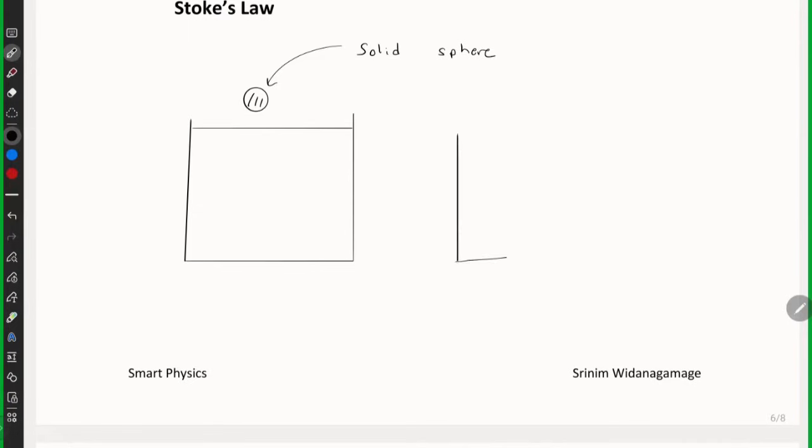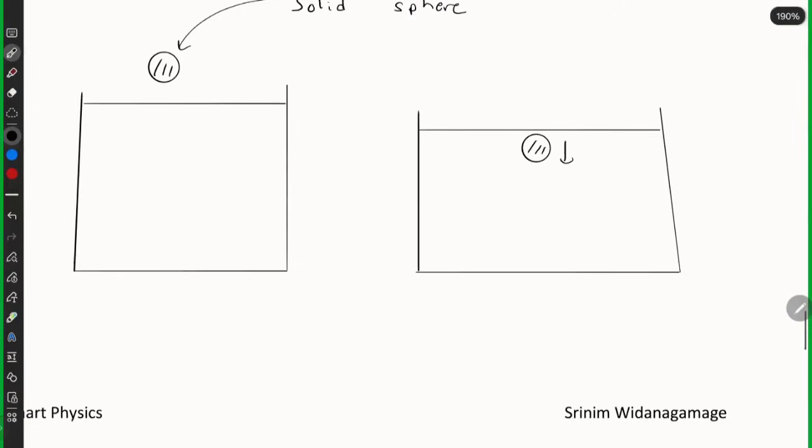Suppose I dip it like so and release it. What's the velocity? V equals 0. I'm just going to release it from rest. This is a mechanics part.